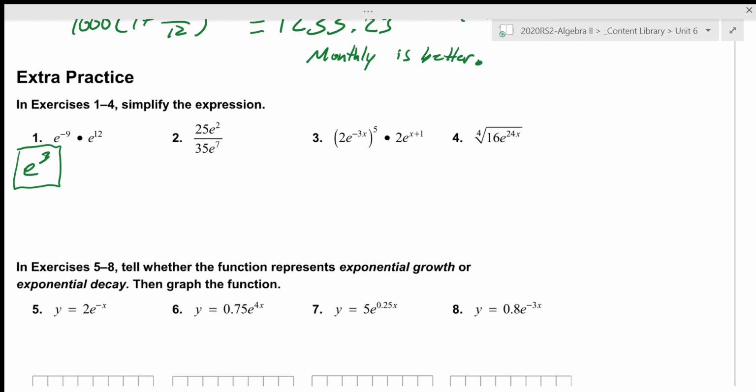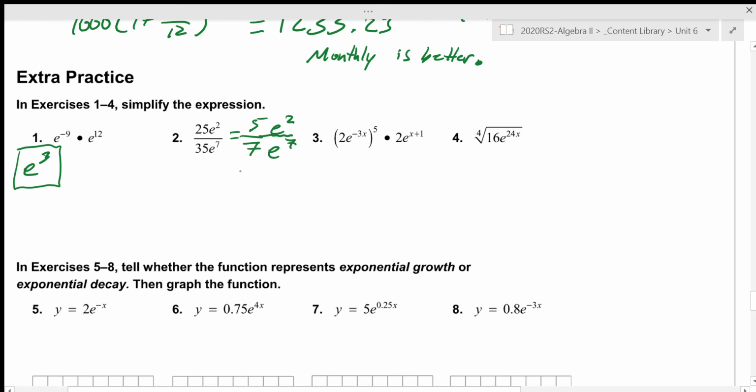What's a common factor between 25 and 35? 5. They're both divisible by 5, right? So this is the same as 5 divided by 7, e squared over e to the 7th. And then if there are 2 e's on the top and 7 e's on the bottom, you're going to be left with 5 e's on the bottom.